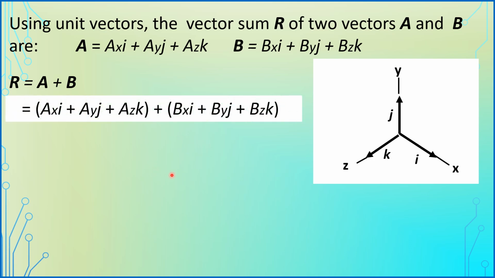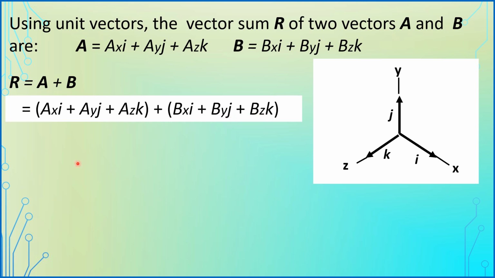We simply add the three components, the x, y, and z components of each vector: axi plus ayj plus azk, plus the x, y, and z components for vector B, bxi plus byj plus bzk.